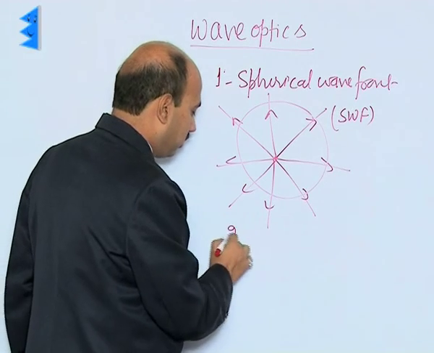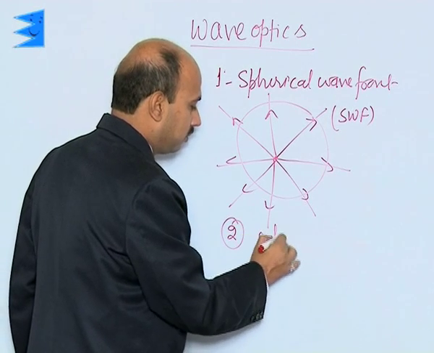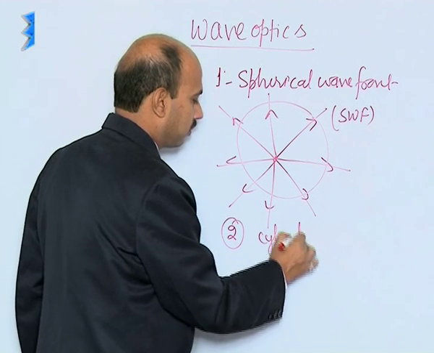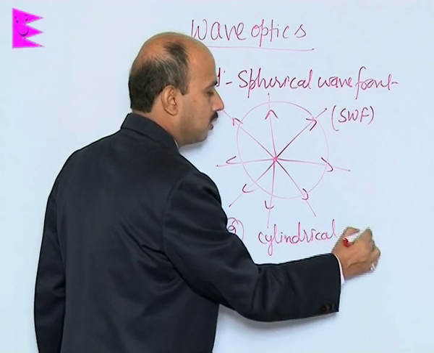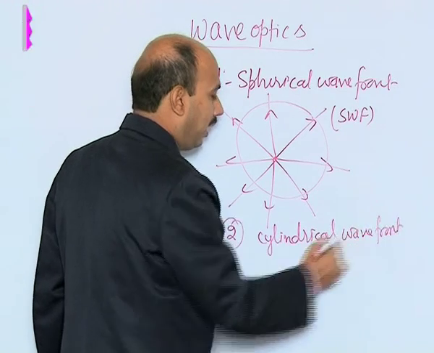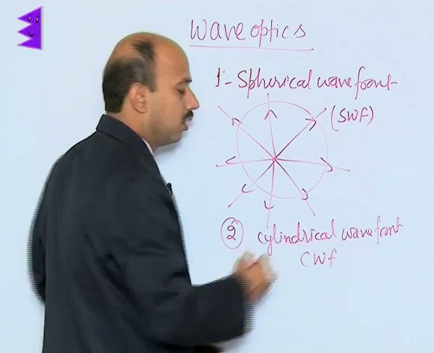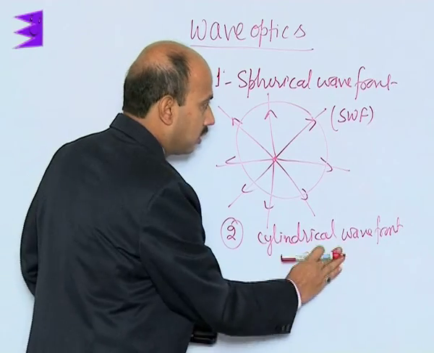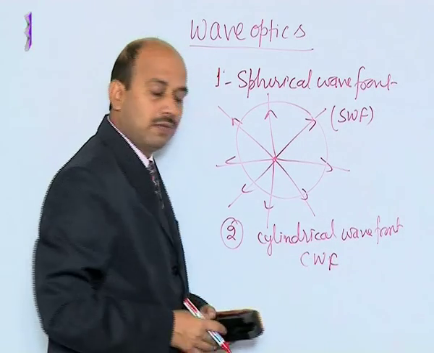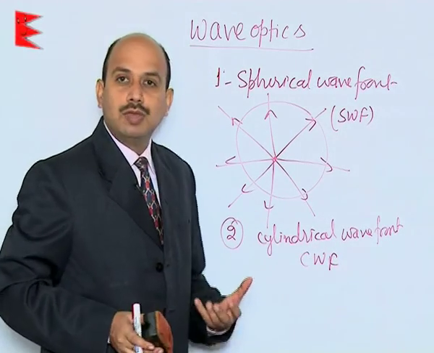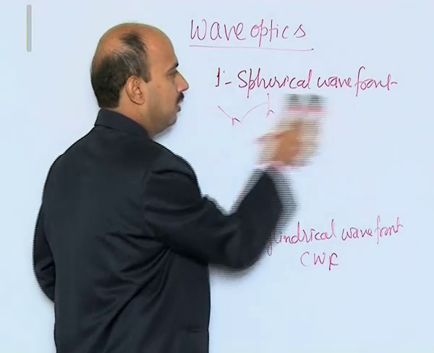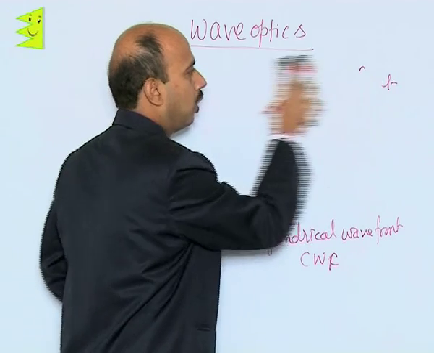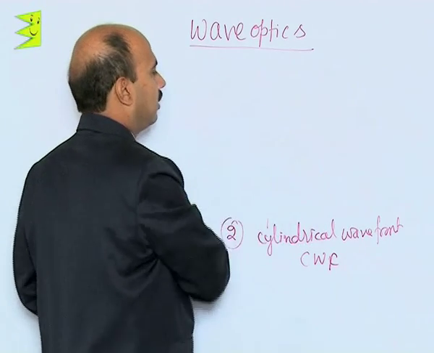Another one is the cylindrical wavefront. We write CWF. For this, we have to take not a point source but a linear source of light. For the cylindrical wavefront, if you draw the shape, it will come like this.